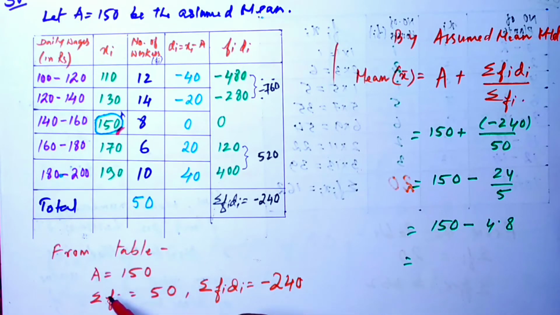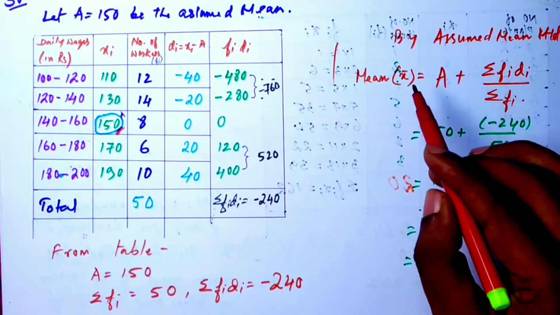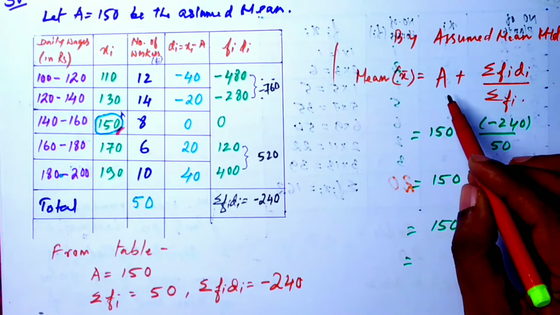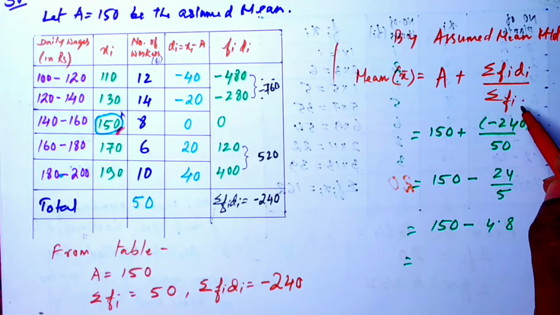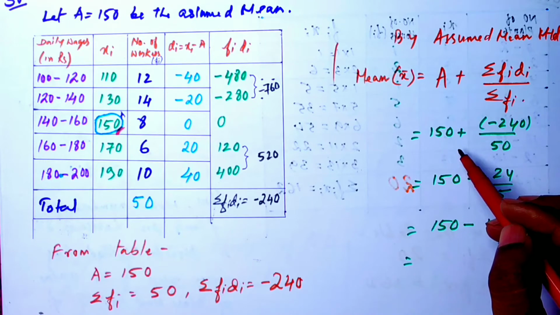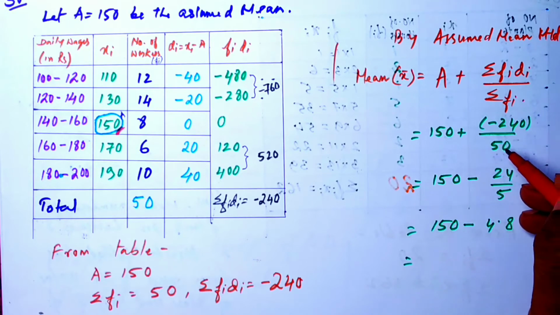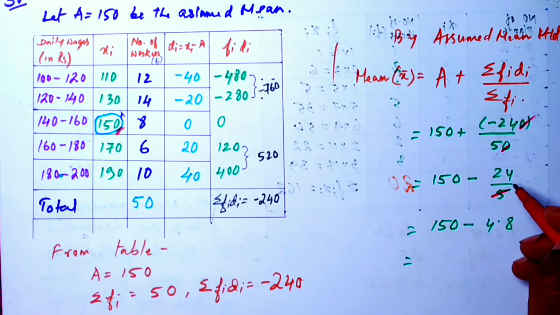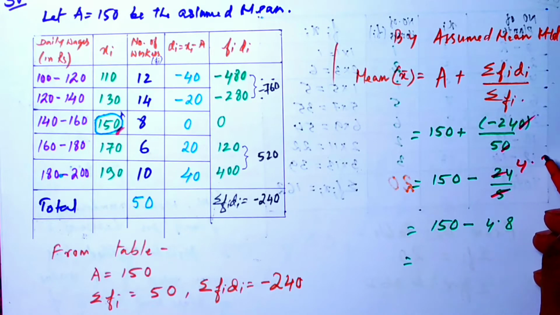From the table we have a equal to 150, summation fi equal to 50, summation fi di equal to minus 240. By the assumed mean method we are going to solve it. We have this formula: a plus summation fi di by summation fi. We put in the values, cancel the 0, and we have minus 24 by 5, that is minus 4.8.